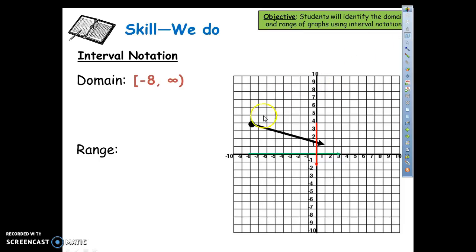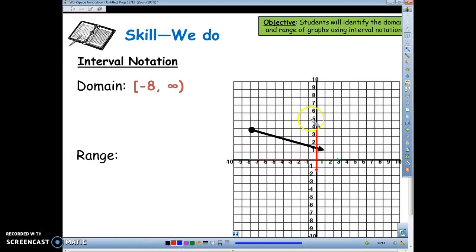If I'm talking about the range, well, if I squish this, if I push it over to my y-axis, my y values, notice I have a closed dot here at 4. It should be in red. I have a closed dot here at 4, and my values go all the way down to -infinity. So remember, interval notation is the lower bound followed by the upper bound.